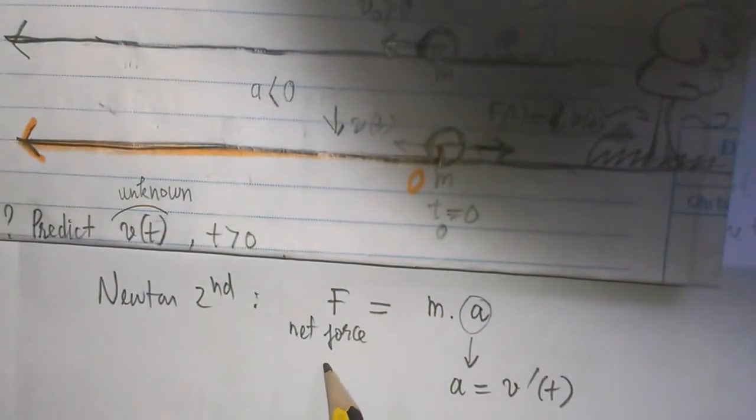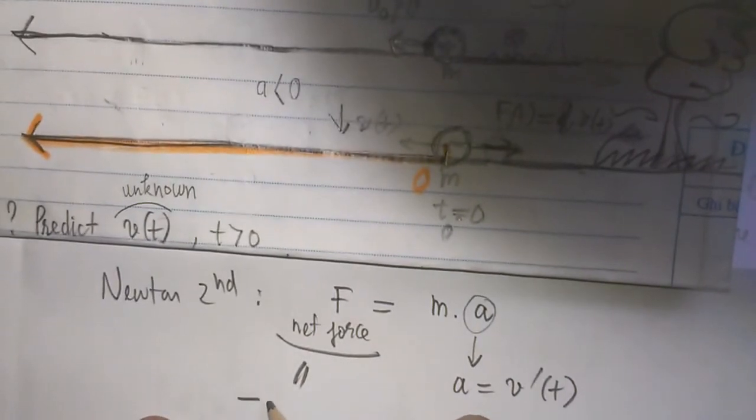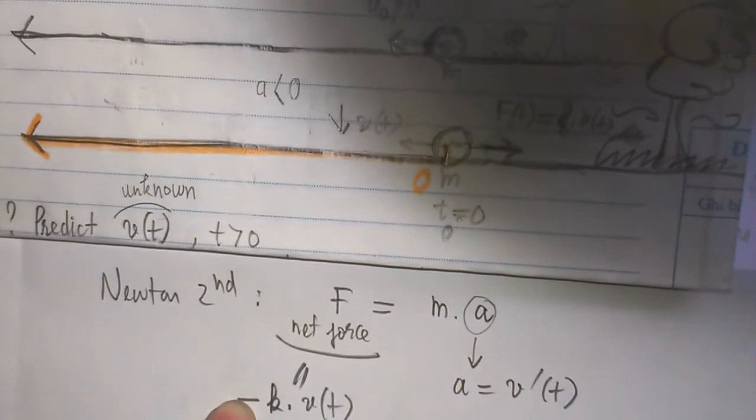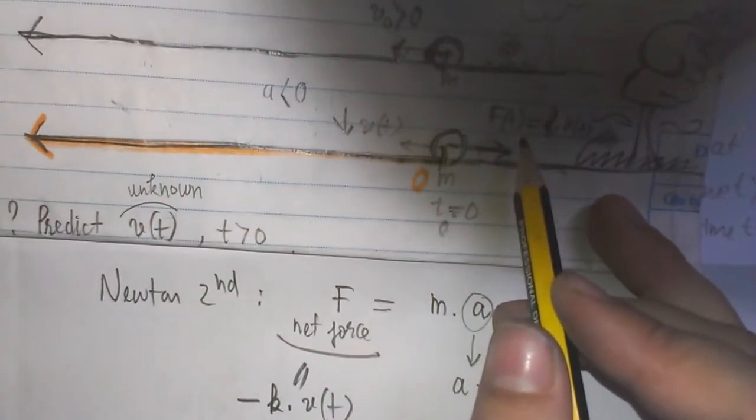So the net force here is minus k times v(t). By minus, I mean the external force opposes the motion.